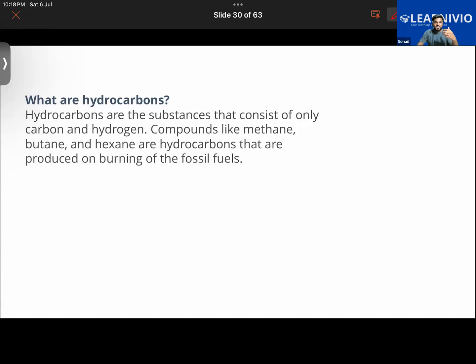Let us now learn some examples of hydrocarbons. For example, methane is an example of a hydrocarbon. Or you have other examples like butane or hexane.